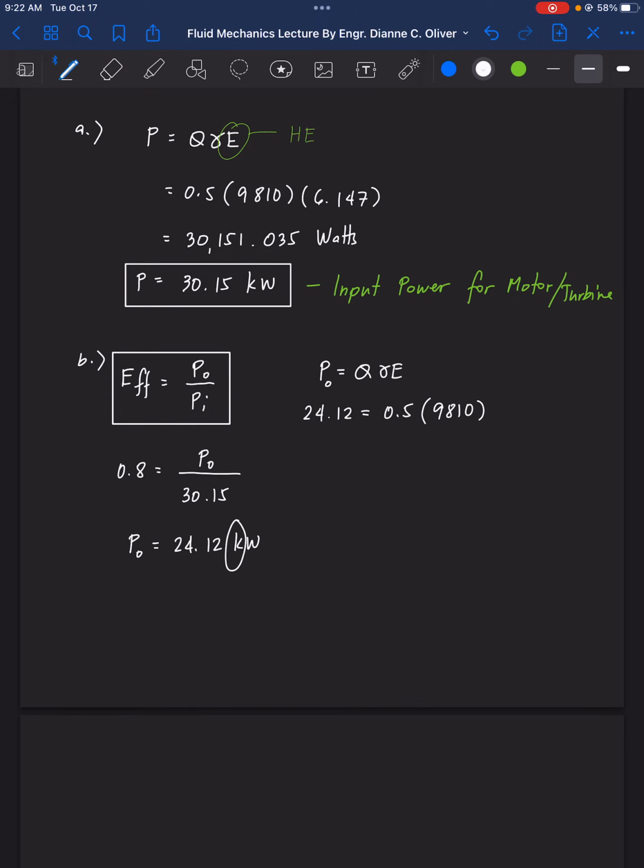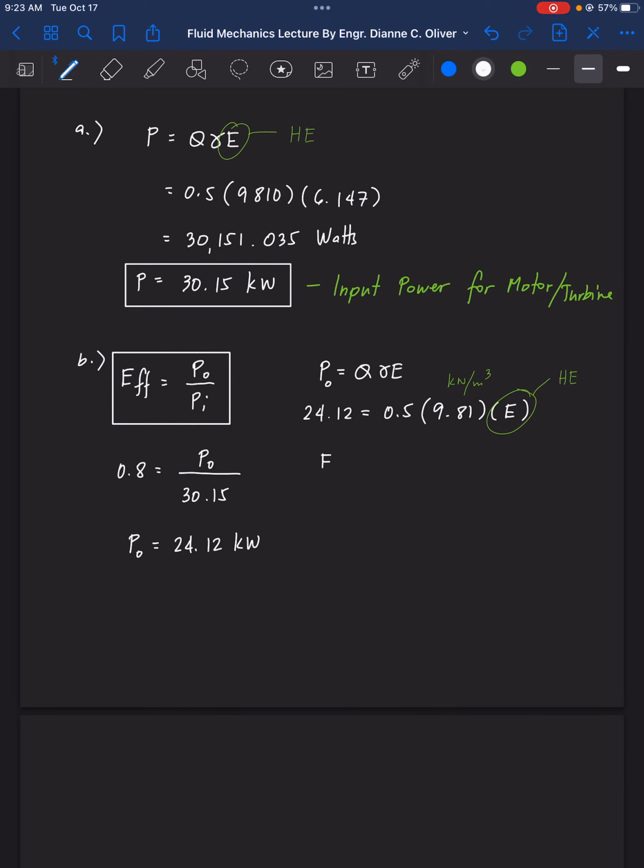Since we're using kilowatt here, look at what happens here. This becomes 9.81 in kilonewton per cubic meter times the E. And this E here is the HE.